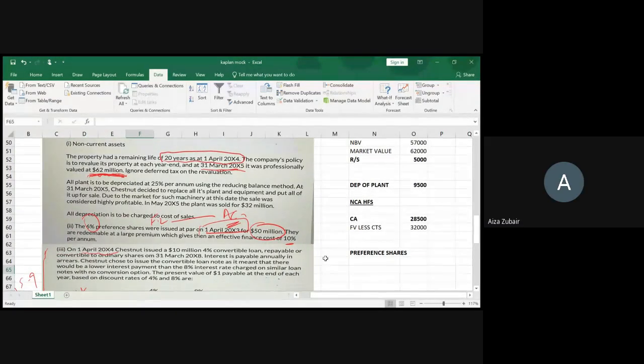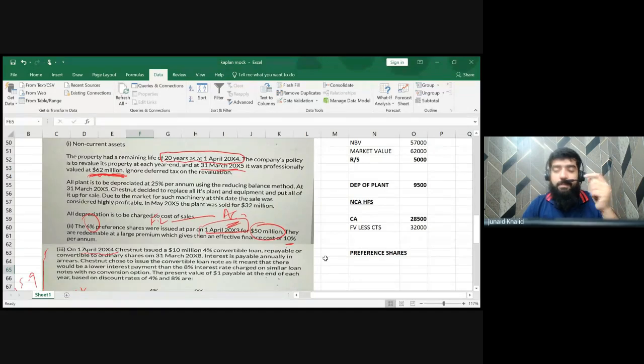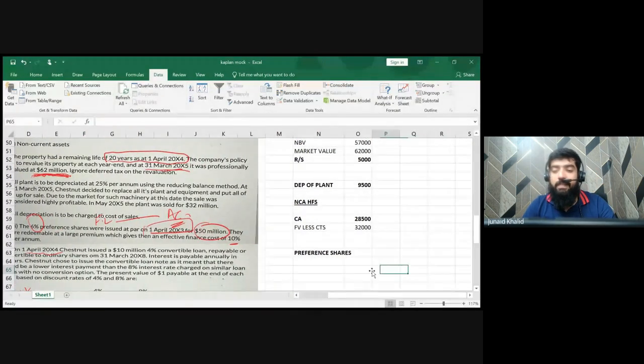Remember, this was done 2 years ago. Yes, it was 1st April 2003. It means 31st March 2004 and 31st March 2005, so we need to calculate the interest for year 2.